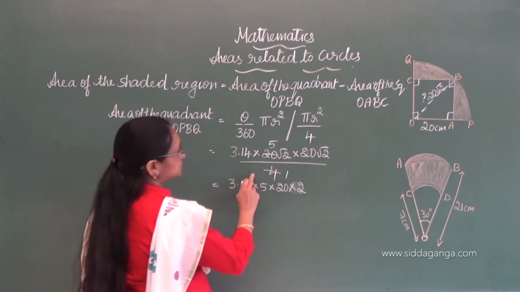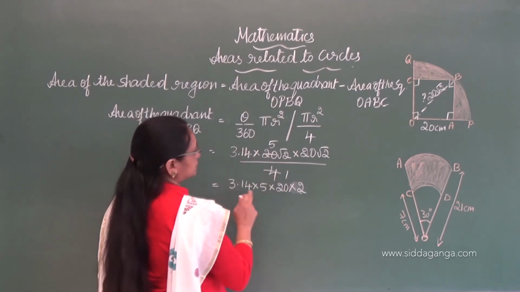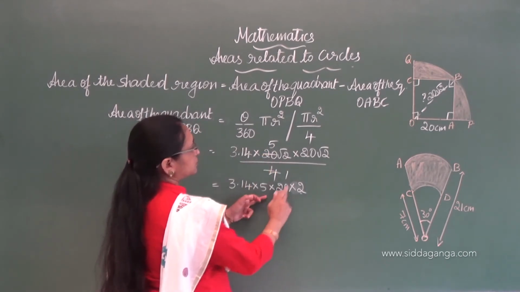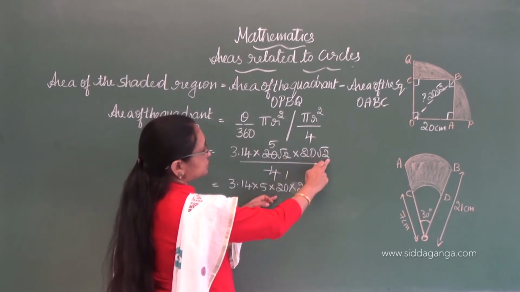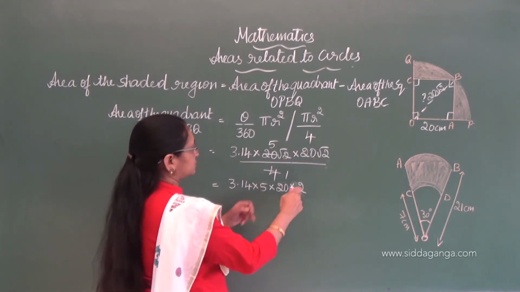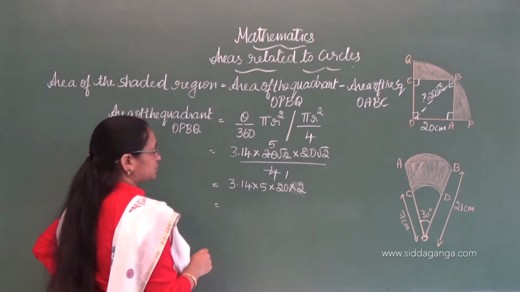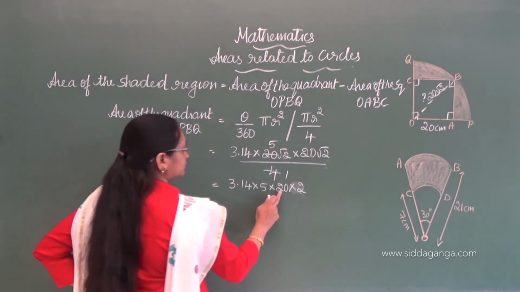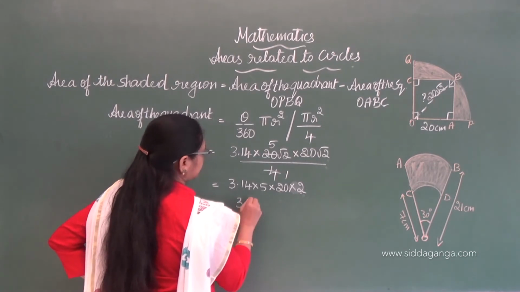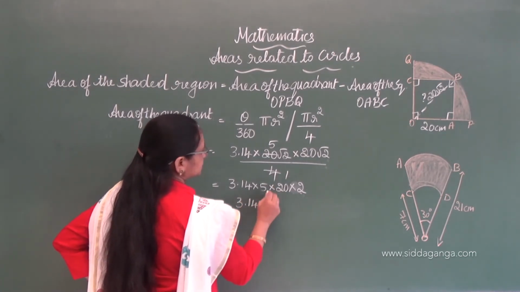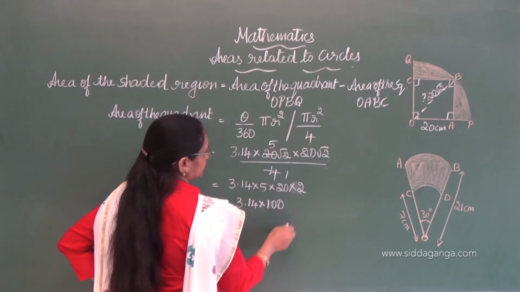I hope you understood this. See, 5 into 20 into root 2 into root 2, root 4 into 2, okay. Now, let us find out this: 3.14 into 5 into 20 into 2.